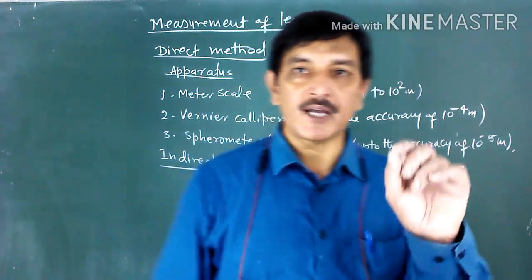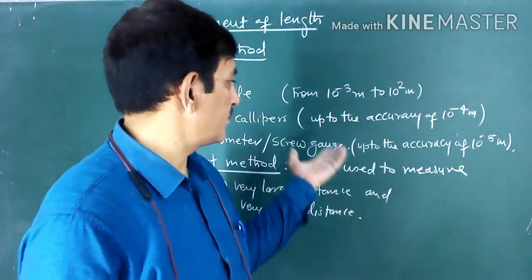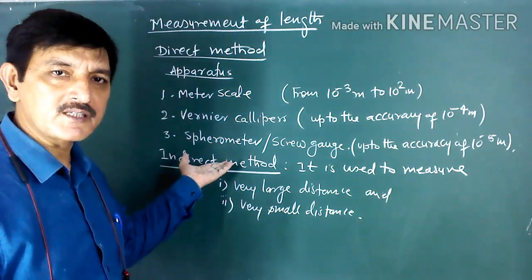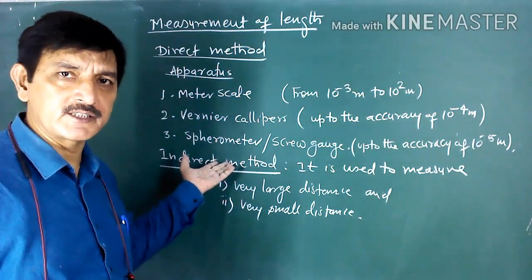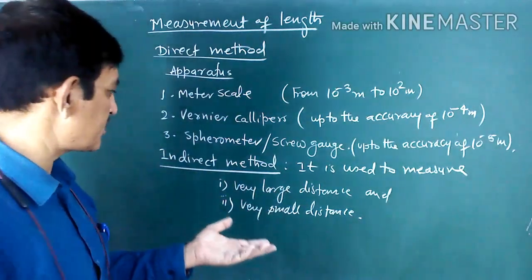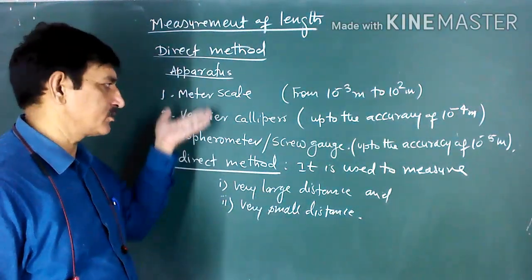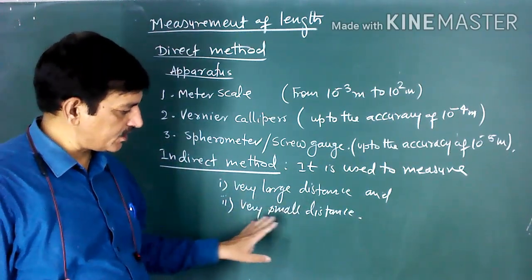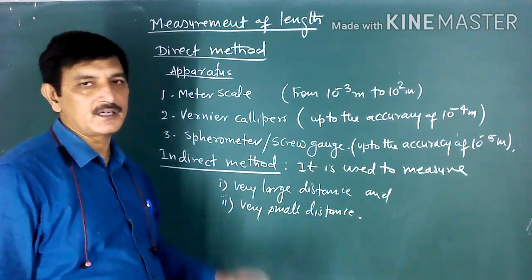Suppose you want to measure the size of an atom, then we cannot use this apparatus. It is not useful for measuring the size of atoms, molecules, etc. And if you want to measure the distance of the sun, planets, or stars, then also we cannot use this method. So for measuring both very large distance and very small distance, the indirect method is used.